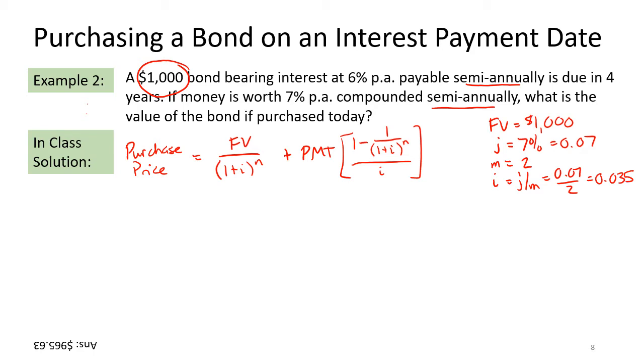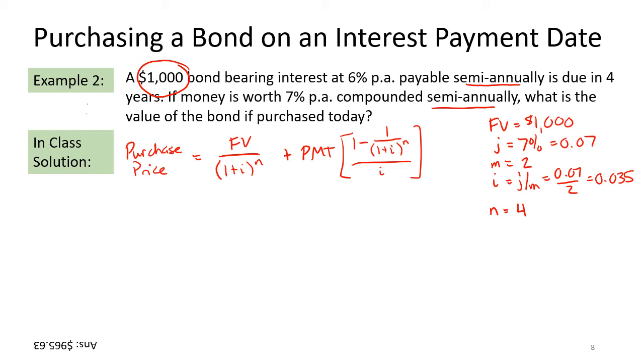The next items we need to calculate are going to be slightly different than when we did typical annuities. Okay? The first item is your value of n. So n in this case is how many payment periods we're going through. The bond is for 4 years, and you get 2 interest payments per year.